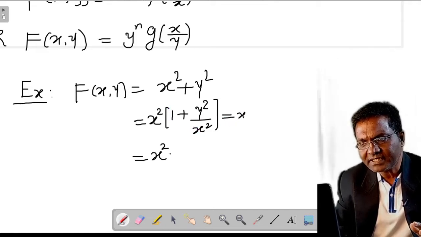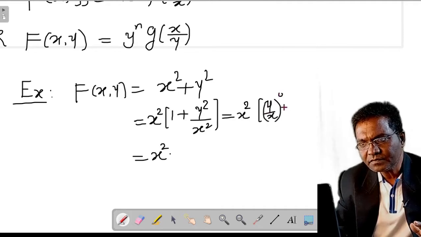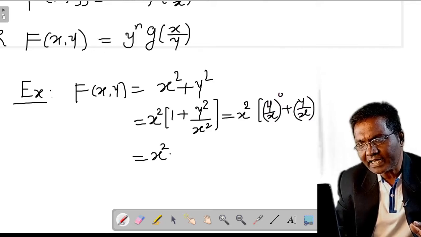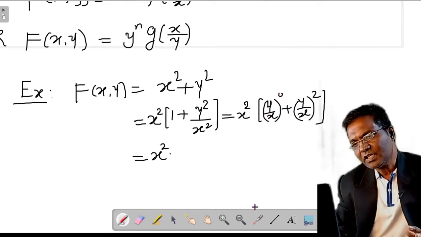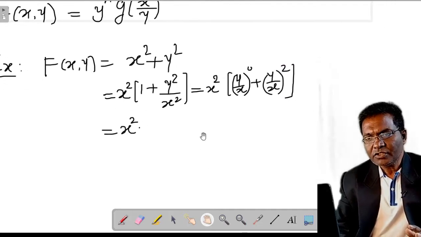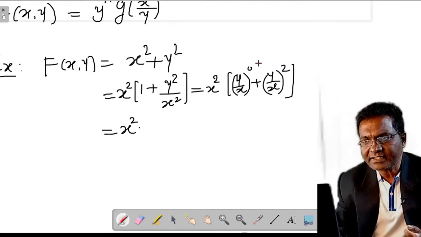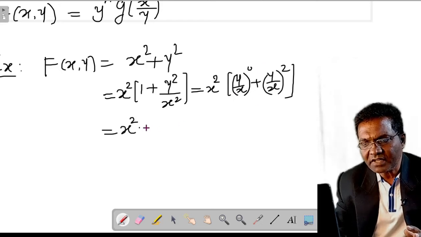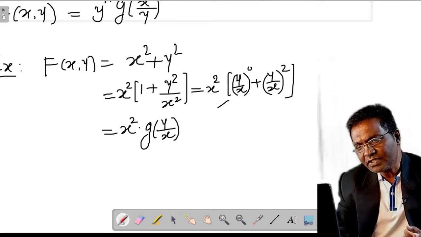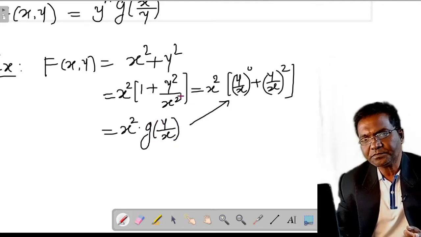You can express it as x square into y by x power 0, and y by x whole square. Look at this. So each term is in the form of y by x. So I can write this expression as some function of y by x, this can be written as g of y by x.